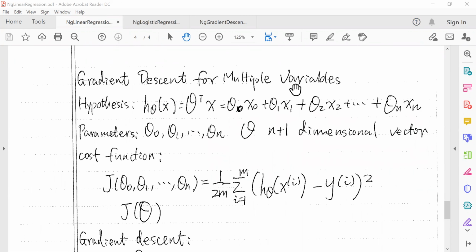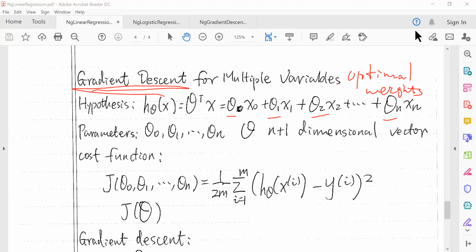And for linear regression with multiple variables, how do we find the optimal weights? That's our goal. It's similar: we use gradient descent, so the concept is exactly the same.